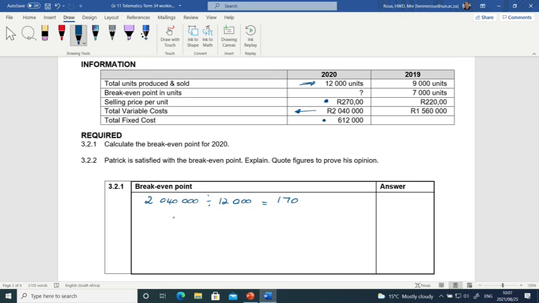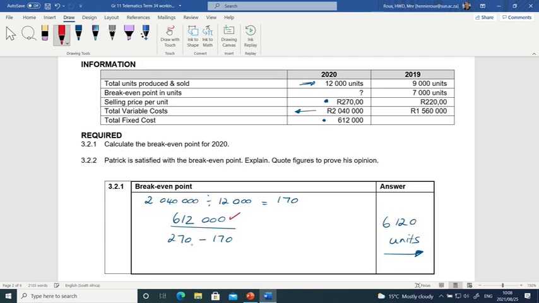So now I can do my calculation. 602,000, the total fixed cost, divide by the selling price per unit minus the variable cost per unit, and that will give me 6,120 units. Not rands, not cents, not percentage, not days, not months, but units.